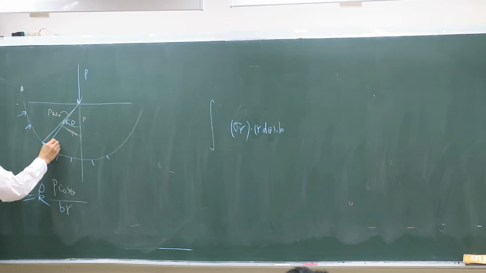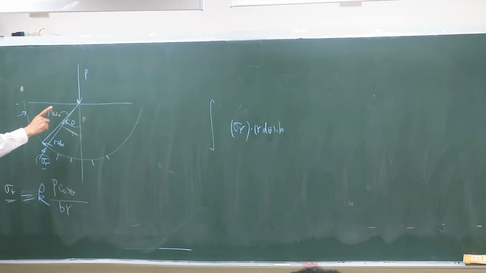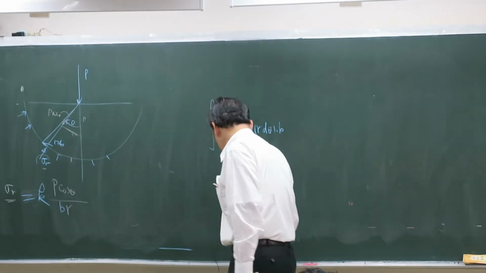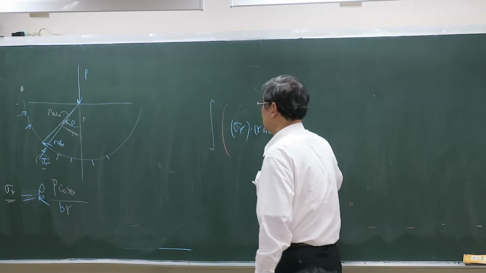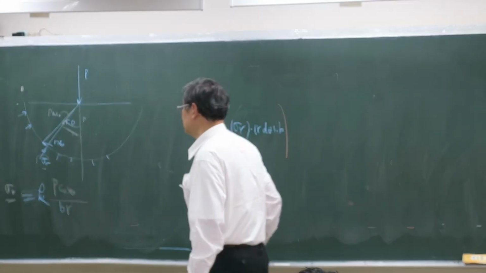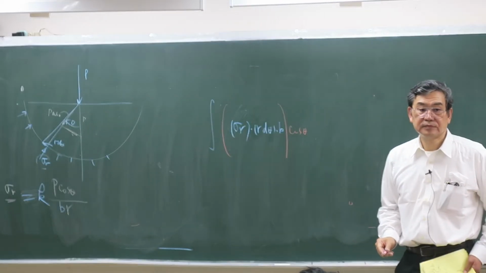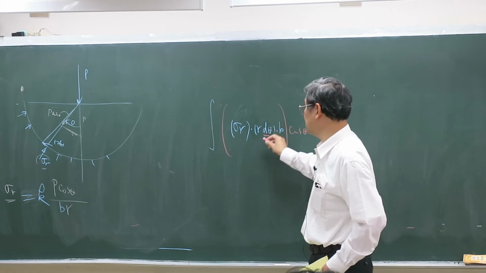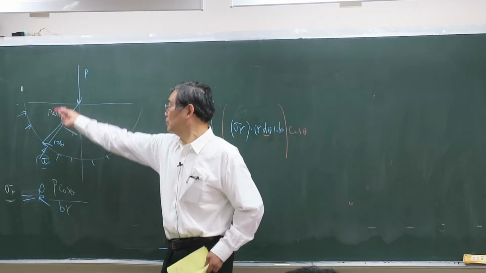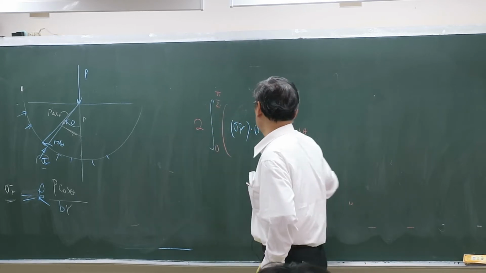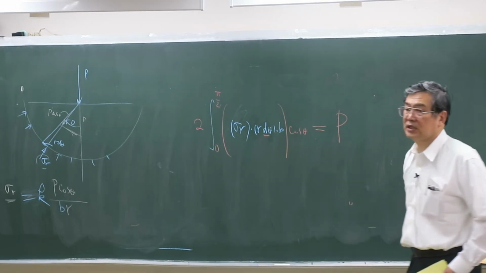This is R d theta, times the thickness B, is the area, and the area times the stress will be the force in that direction. Then the vertical component is cosine theta. I integrate theta from 0 to 90 degrees, on both sides, and it is equal to P, equivalent with P.